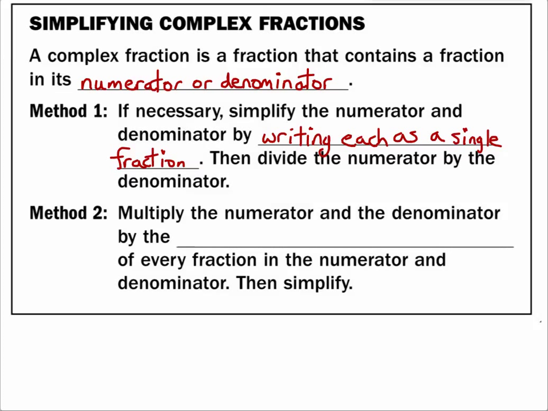The other option is to multiply the numerator and denominator by the least common denominator of every fraction in the numerator and denominator, then simplify. The truth is that method 2 is what I like to do personally. I'm guessing you will probably prefer method 1, and so I think that's how the examples are written out.